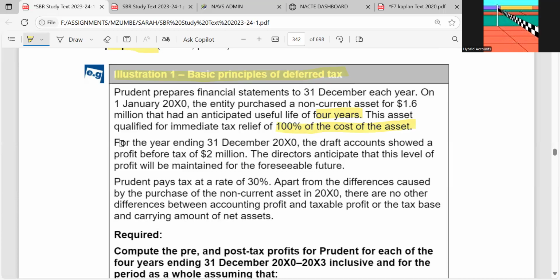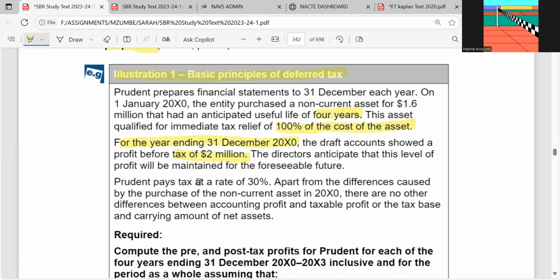Okay, let's proceed now. We're told for the year ending 31st December 2024, the draft accounts showed a profit before tax of $2 million. You see, this is what it showed, profit before tax, but obviously after deducting depreciation, right? The directors anticipate that this level of profit will be maintained for the foreseeable future. So we expect to have this same profit over the years, $2 million each year.